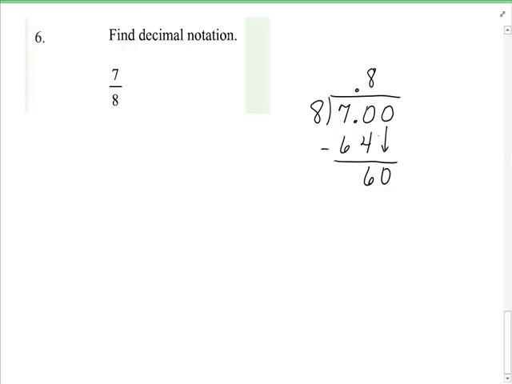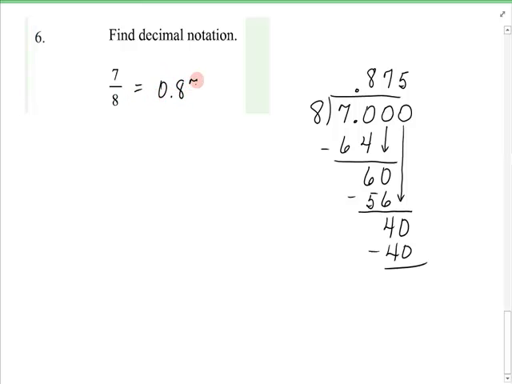I'm going to have to back off. 8 times 7 is 56. Subtract for 4. It has not terminated yet. Add another 0. But 8 does go into 40 exactly 5 times. That gives me 40. So this is 0.875.